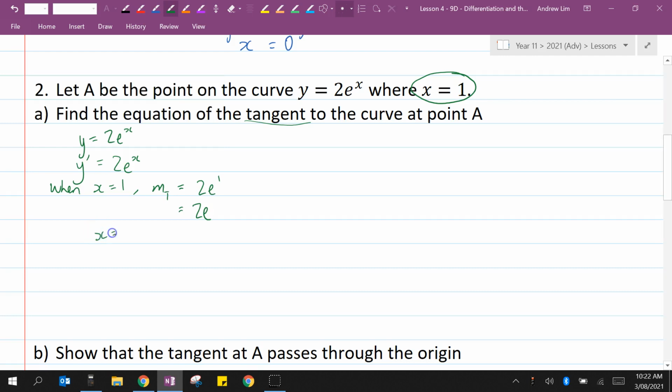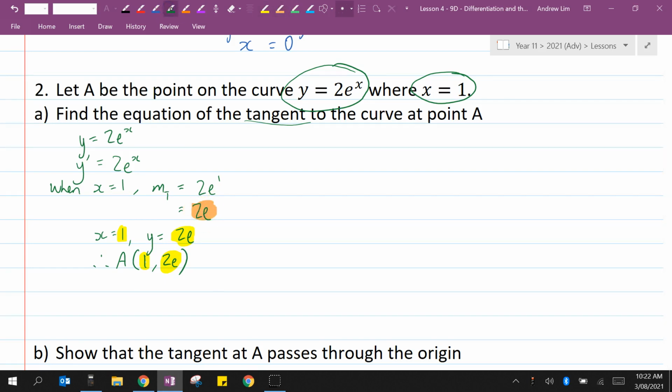When x is equal to 1, y is equal to, well, we're going to use this equation here, 2e to the power of 1, which is just 2e as well. So technically the point, let's call this point A, is (1, 2e), and it has a gradient of 2e.